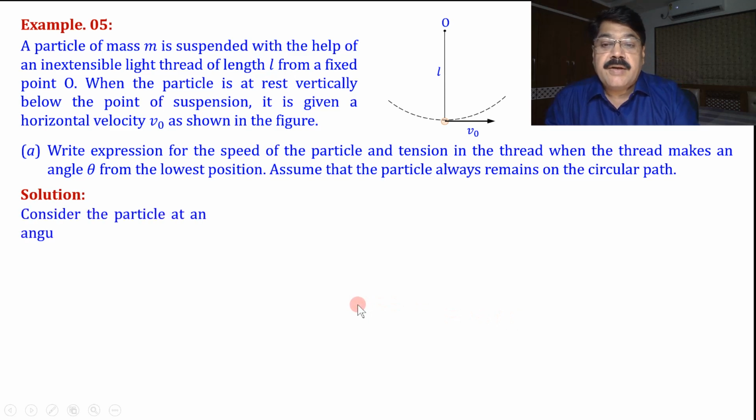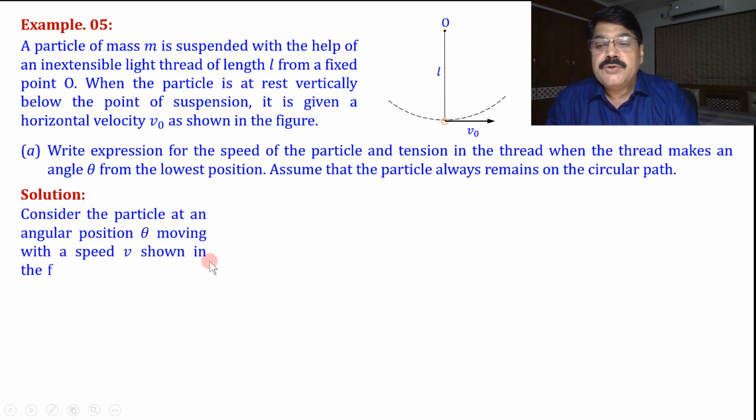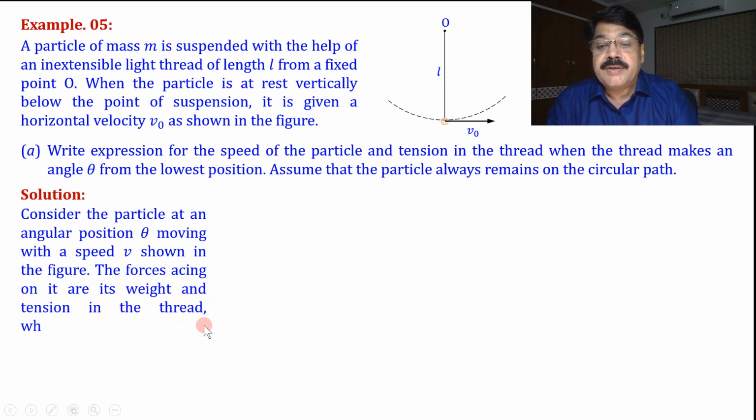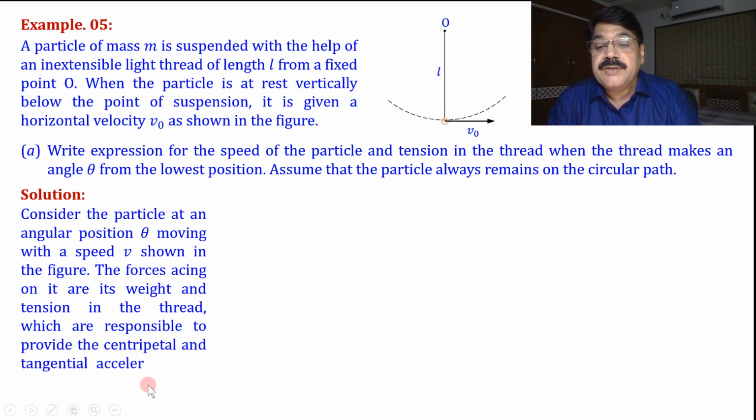Consider the particle at an angular position theta moving with a speed v, shown in the figure. The forces acting on it are its weight and tension in the thread, which are responsible for providing the centripetal and tangential accelerations.